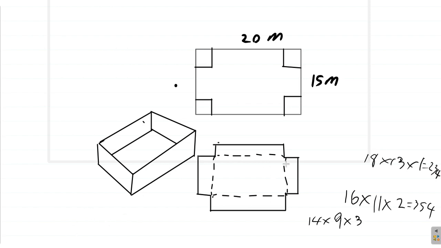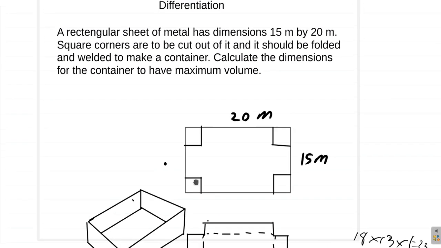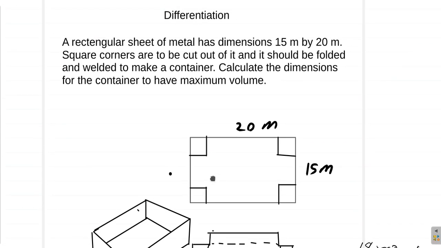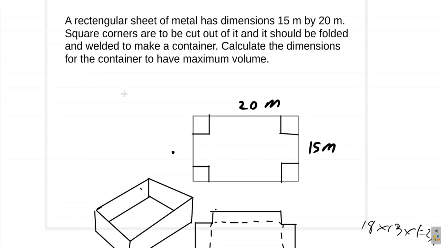You don't know how much you need to cut off from each side. So suppose you call it x. You cut x from here and x from here. Remember, you're removing square corners. So the measurement you would have here, well, you had 20 first.